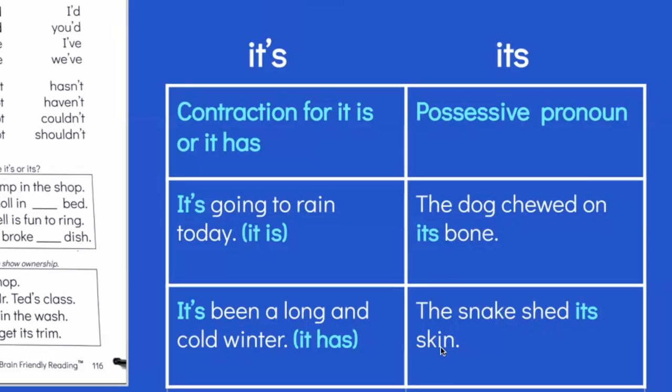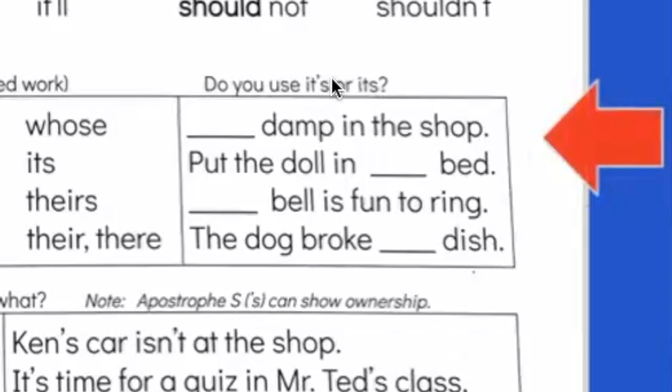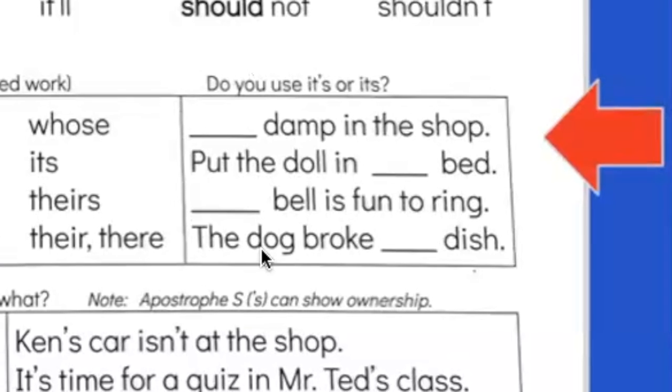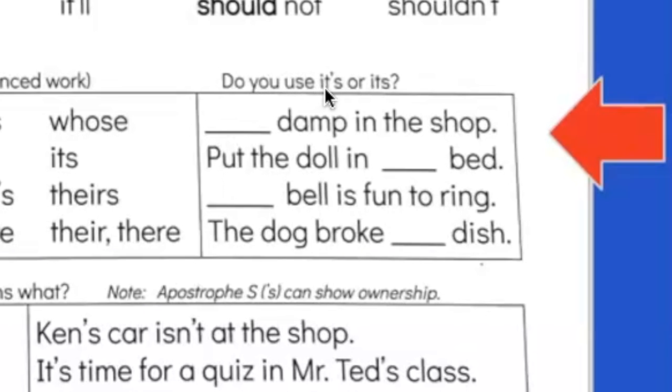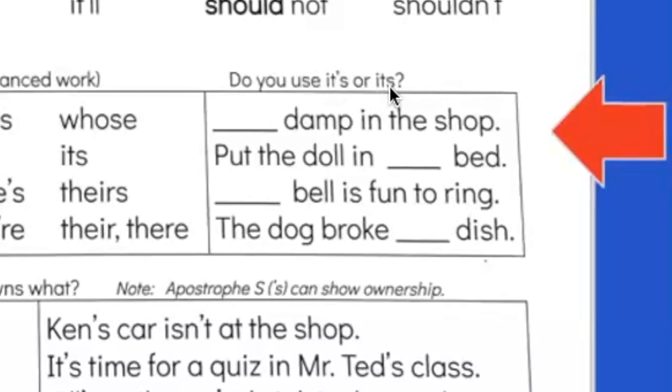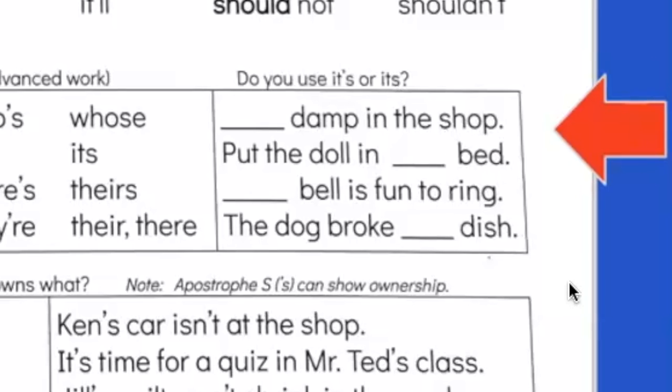The snake shed its skin. So the bone belonging to the dog and the skin belonging to the snake, using the possessive pronoun its. And there's a section right here that gives you a little practice on when to use it's for it is or its as a possessive pronoun.